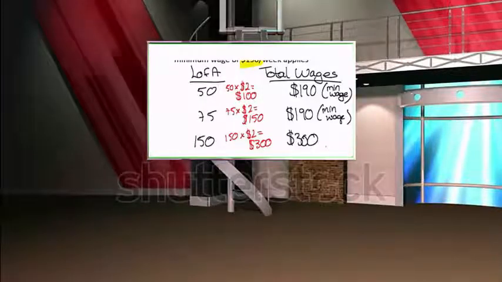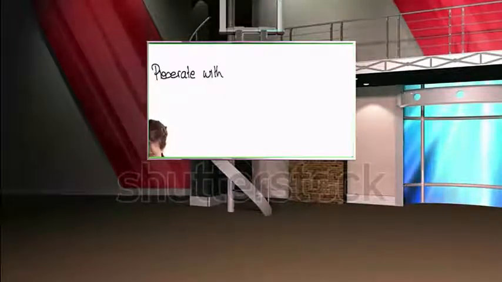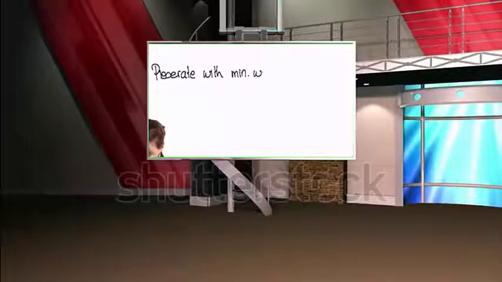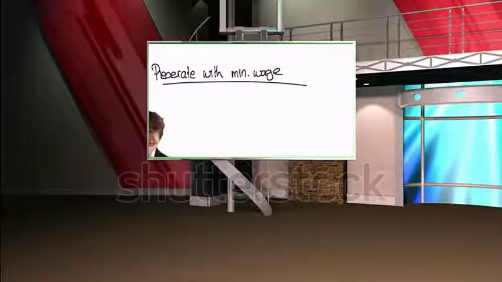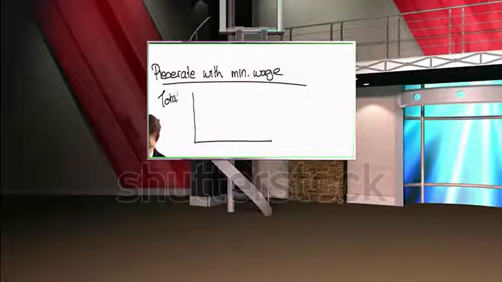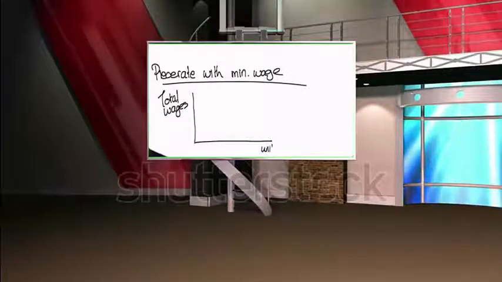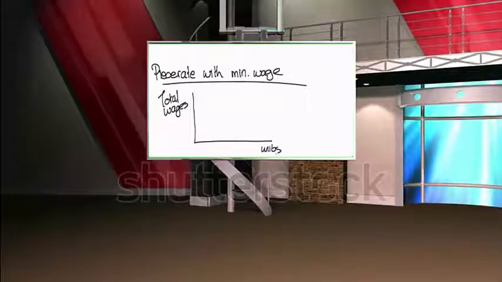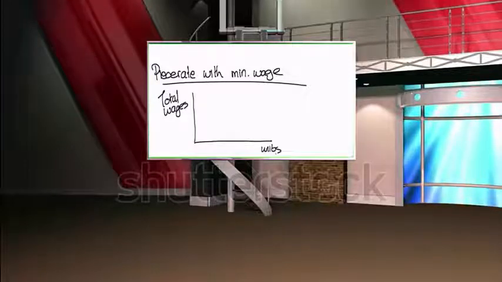Let's look at this final one on a graph then. So now we have a piece rate scheme with a minimum wage. Again, we'll look at total wages on the y-axis and level of activity, in this case units produced, on the x-axis. So we'll ask our first question then.